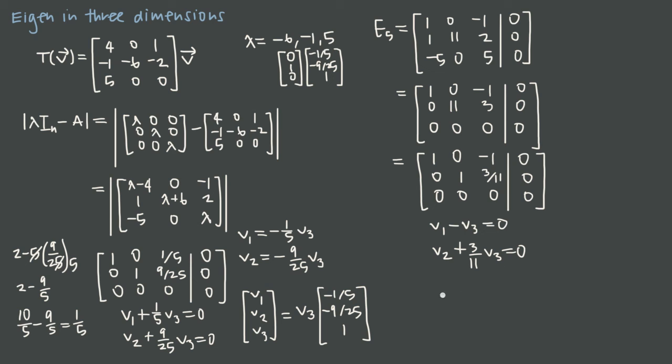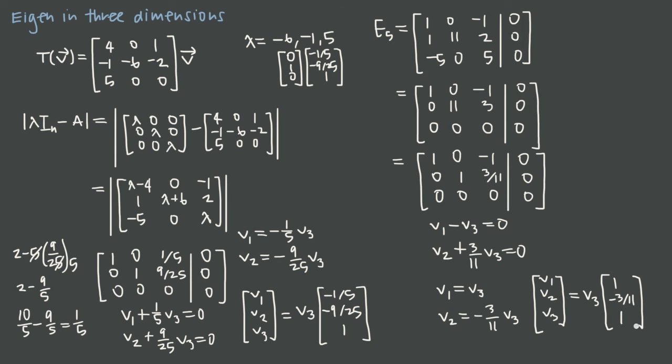If we solve for the pivot variables, we get V1 equals V3, and we get V2 equals negative 3/11 V3, and then our solution (V1, V2, V3) is equal to, we take our free variable V3, and then V1 is equal to 1 V3, V2 is equal to negative 3/11 V3, and V3 is equal to 1 V3.